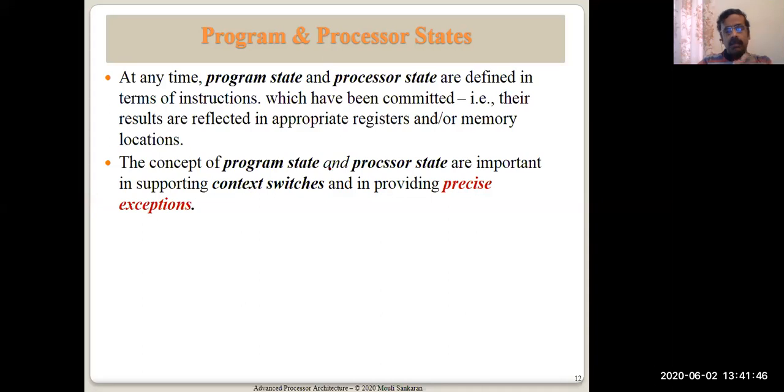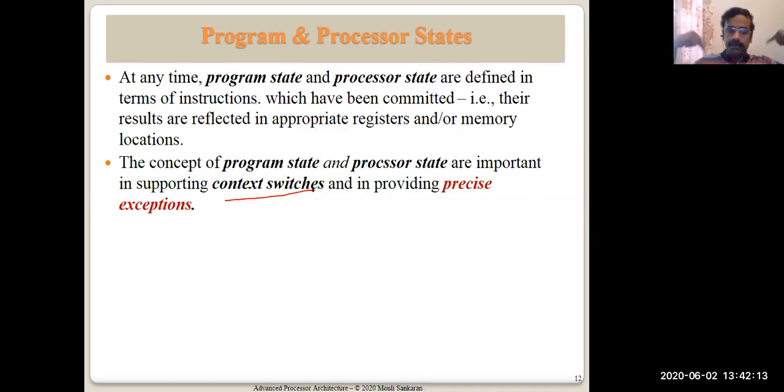The concept of program state or processor state is important in supporting context switches. I told you, when I do a context switch, what do you do? We copy all the register contents of this process into the PCB, process control block, and then bring another process into the CPU, copying the register set that was there when the context switch happened. Those values are copied into the register set.